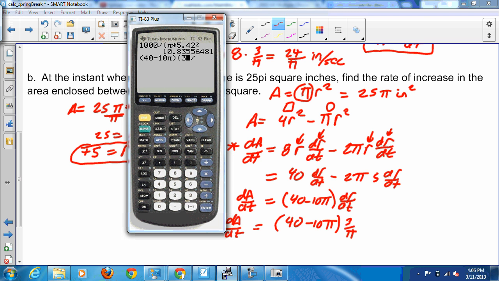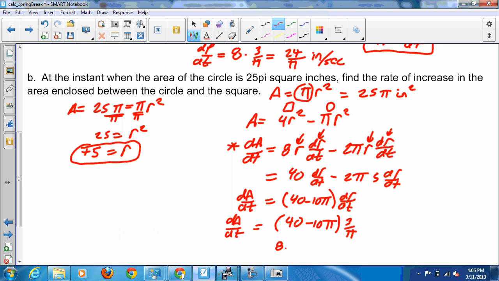And we're going to get a value of 8.197. So 8.197 area is going to be square inches per second.